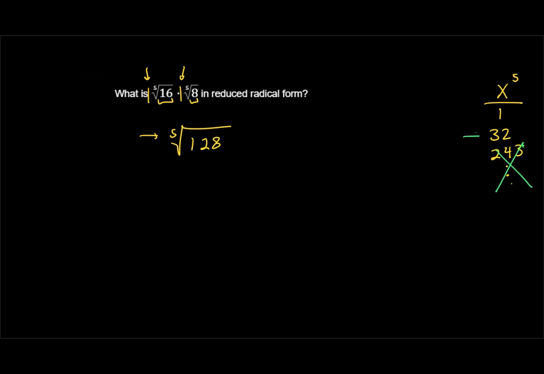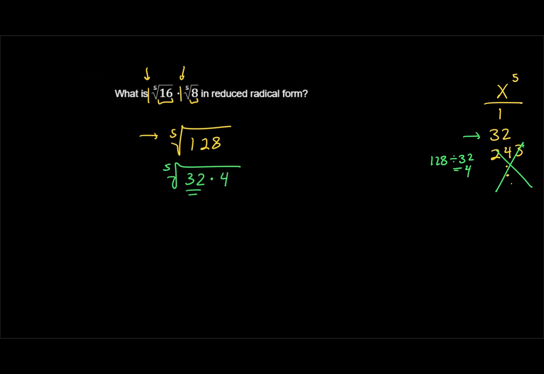So 32 is the only possibility, since 1 doesn't really help us simplify the radical. So if we check 32, 128 divided by 32, we end up getting 4. So we can simplify this radical. And we'll break it apart into 32, which is our perfect fifth power, times 4.